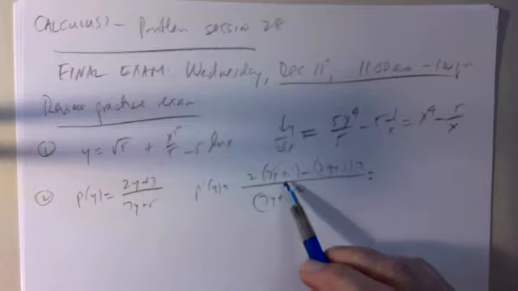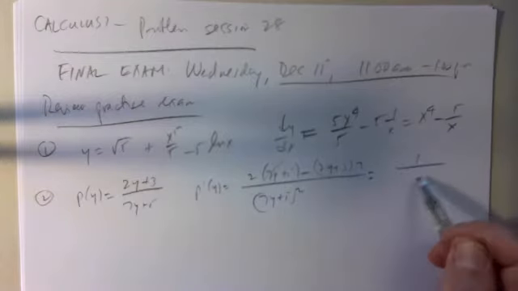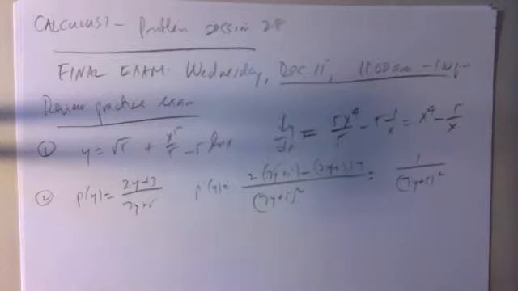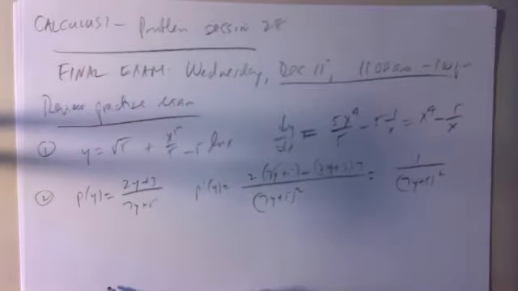The y's cancel. 15 minus 14 is 1. That's the answer. Questions about that?